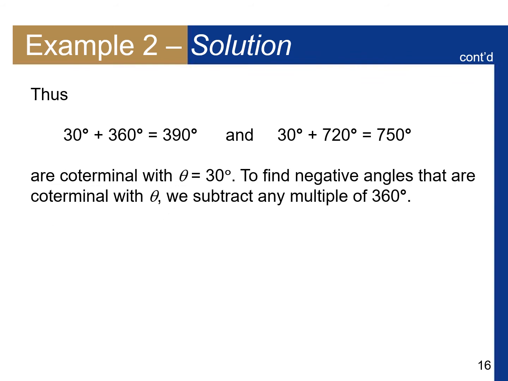So 30 degrees plus 360 is 390 degrees, and 30 plus 720 is 750 degrees. These angles will end up in the same location, but they rotate around the x-axis once and then some, or twice and then some.